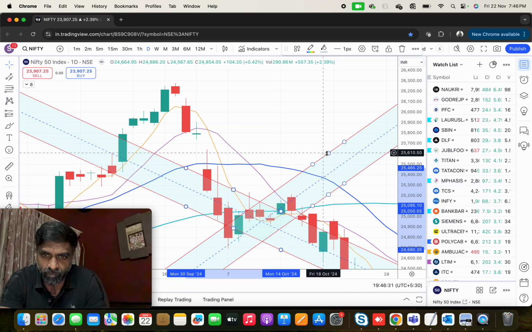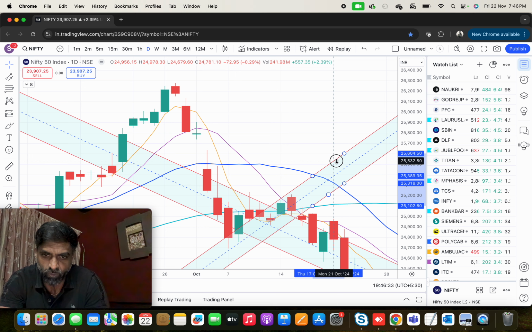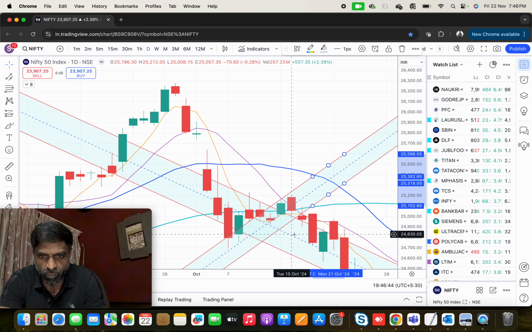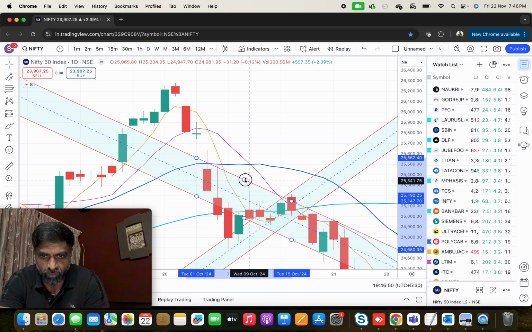It couldn't make a move, so bring it down here. The next day it opened here at the top of this channel. Since it's the top of the channel, it has pushed down to the bottom of this channel. So now the only thing is we need to move this up.